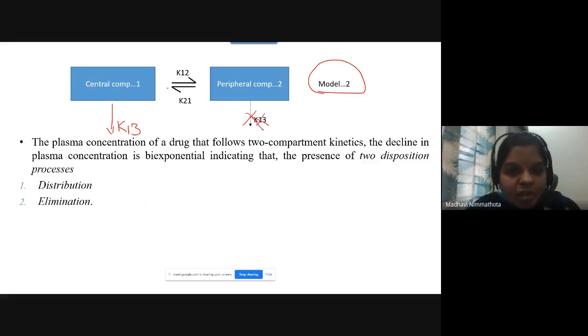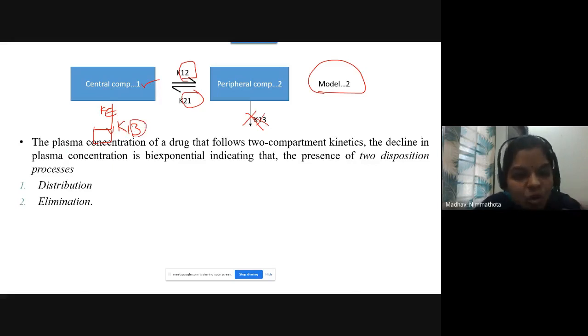So your drug is transported between K12 and K21, and then you have an elimination KE. This elimination is happening from the central compartment, so your central compartment number is 1. And if you assume one more compartment is there, then you may call it 3. That's why the constant is K13.